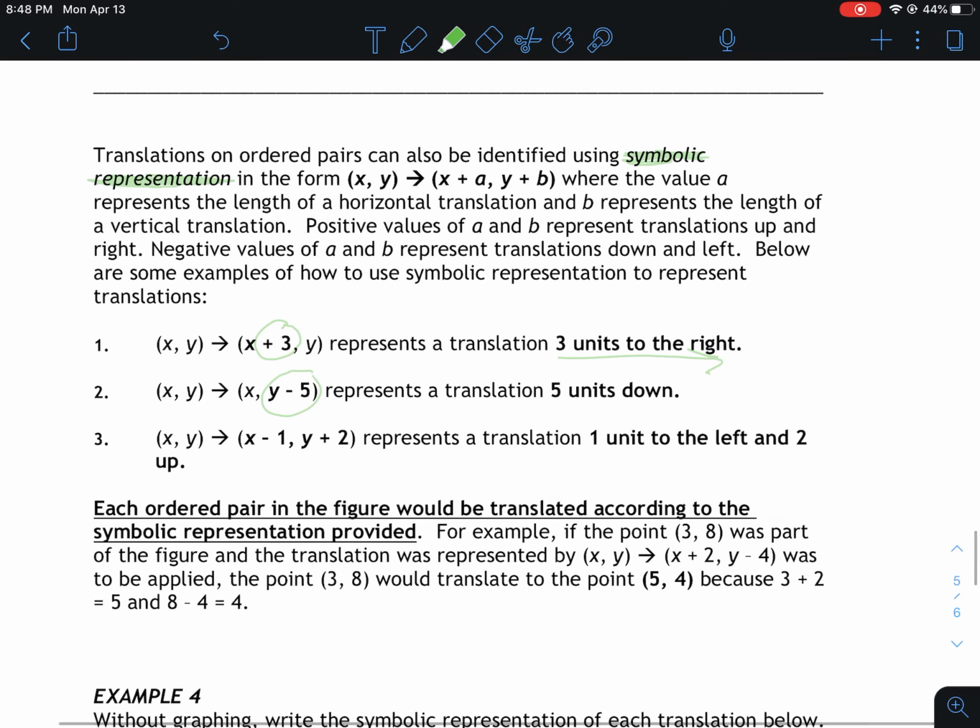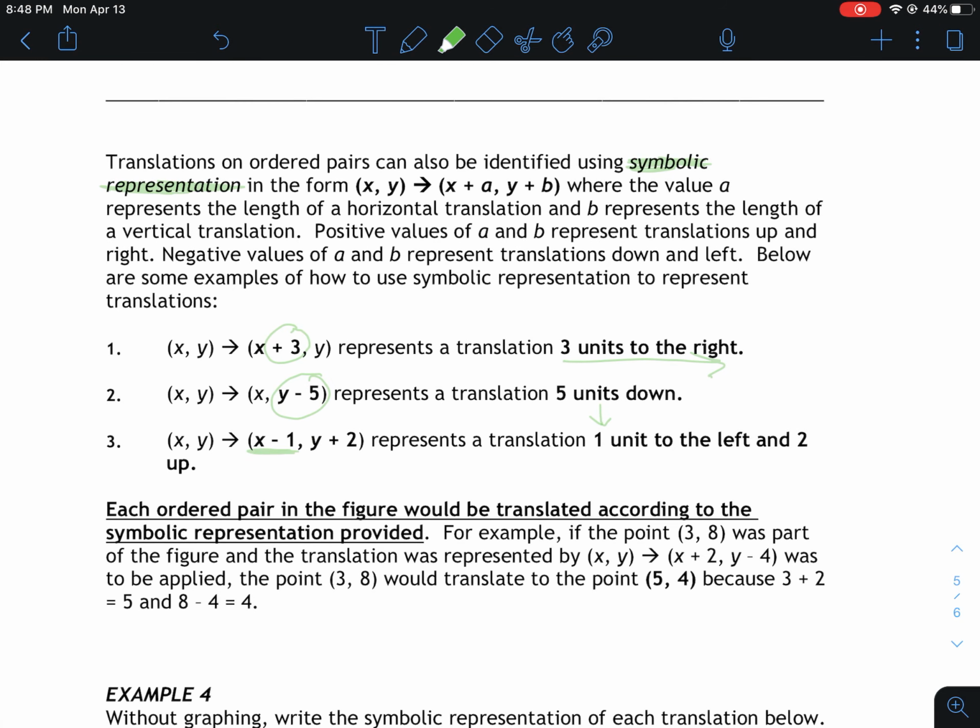When we see a negative 5 for the y, that means we are going down 5 units. Again, that is simply because on the y-axis, if you are going to negative 5 or going minus 5, it means you're going down, not up. Now, if we look at this one, it says x minus 1.